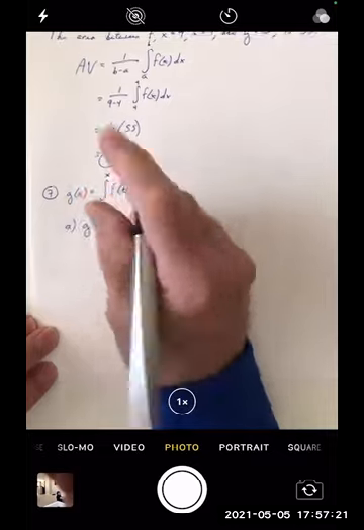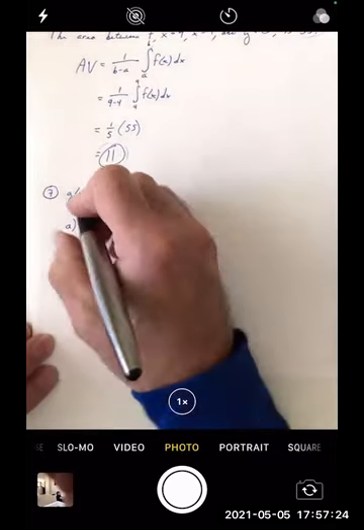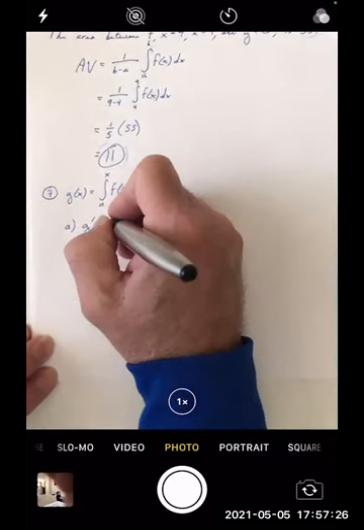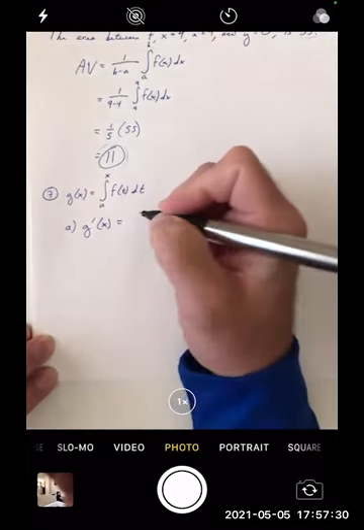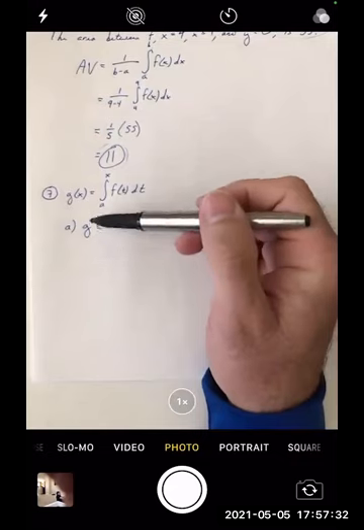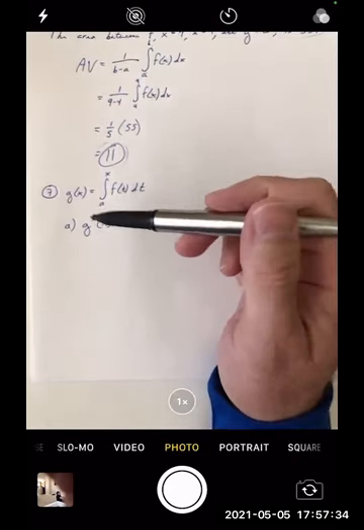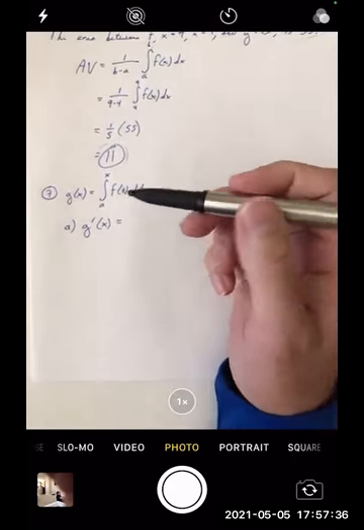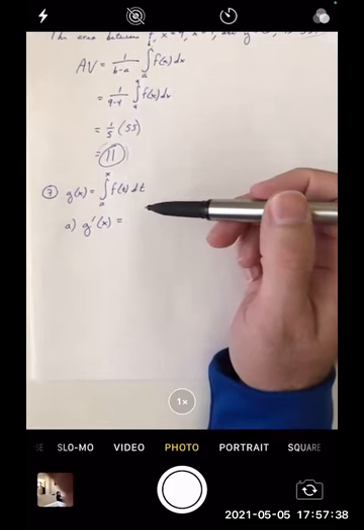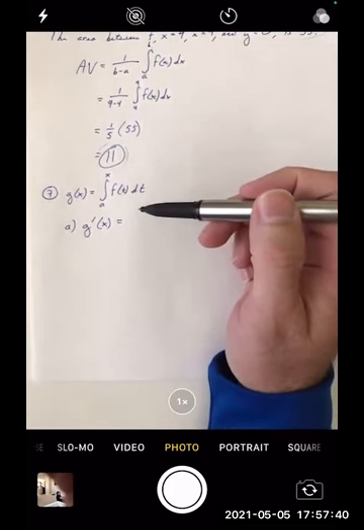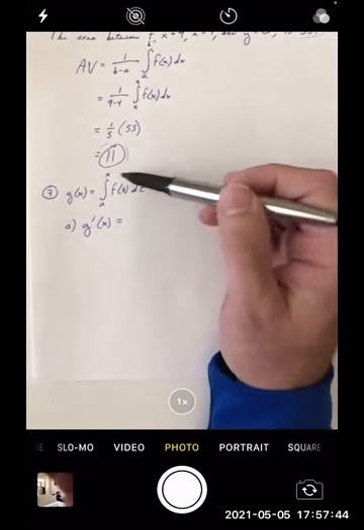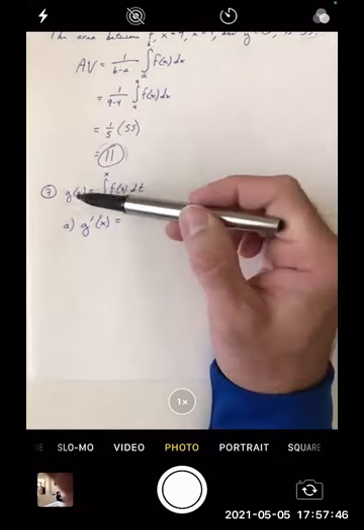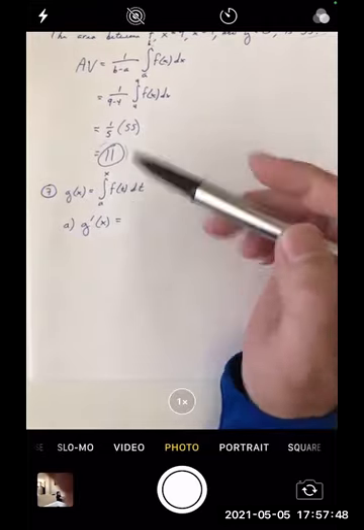So the first one was, what is g prime of x? So what is the derivative of g? So in order to figure that out, what theorem are we using? That's the second fundamental theorem of calculus. You're taking the derivative of a definite integral.